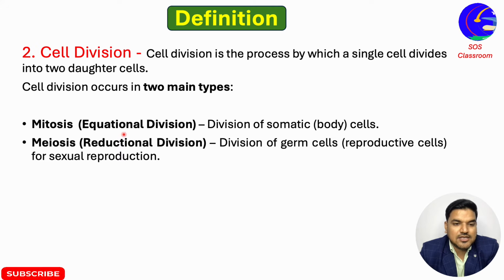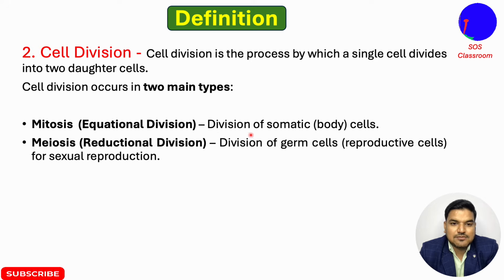That's why it's called equational division. But in meiosis there is reductional division. Reductional division means diploid cells change into haploid. Diploid means the cell carries 46 chromosomes, which are divided into 23 chromosomes. That's why it's called reductional.